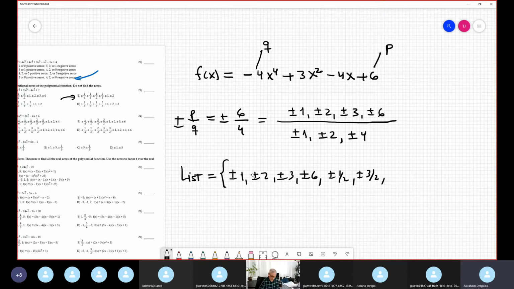Not necessary. Now 4: 1 over 4 is 1/4, and 3/4. 2/4 is 1/2, not necessary to repeat, and 3/4. And 6 divided by 4 is 3/2. I have that. This is the combination, which is the option B.